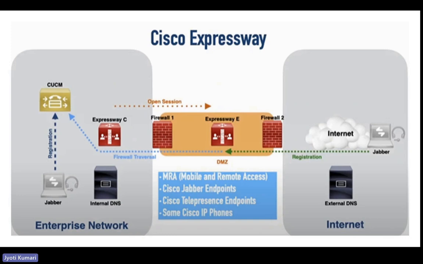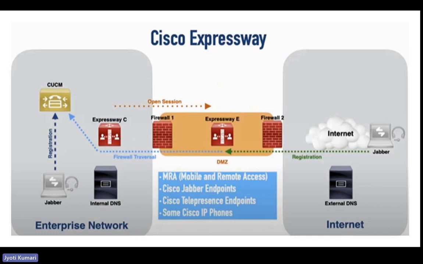So Expressway is designed specifically for video endpoints and for things like mobile and remote access, for providing the remote users and external users the access to the internal resources. Yeah. So for video, we have the TelePresence series with Expressway servers.